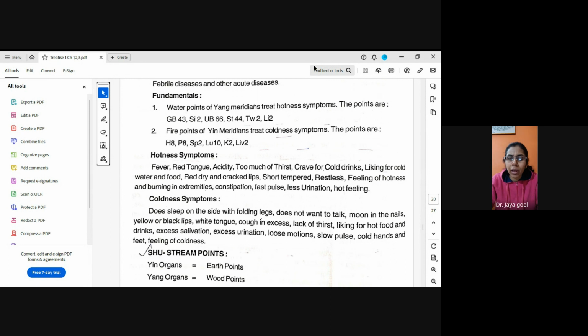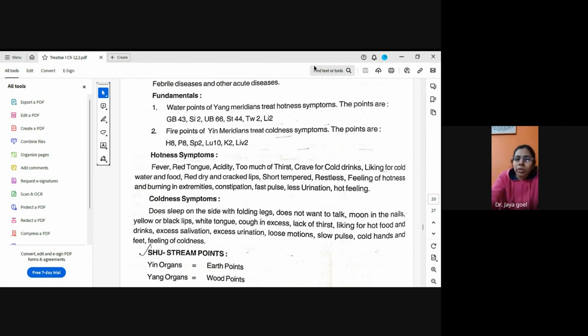The person will sleep on one side with folded legs, and does not want to talk, and the patient's nails are moonlight. Yes, you will see the white line in the nails, which is a moon-like line.